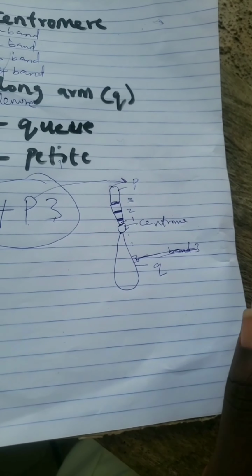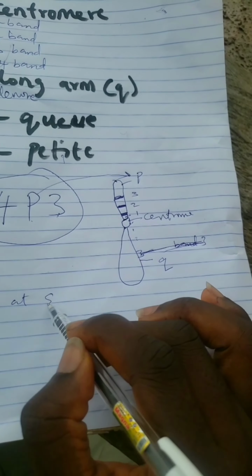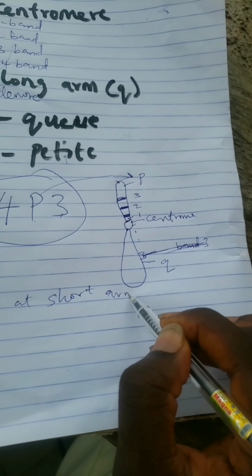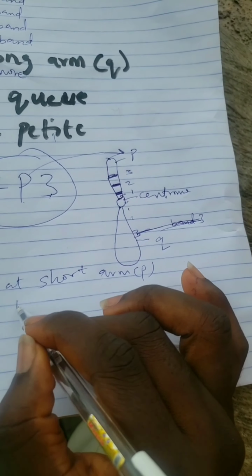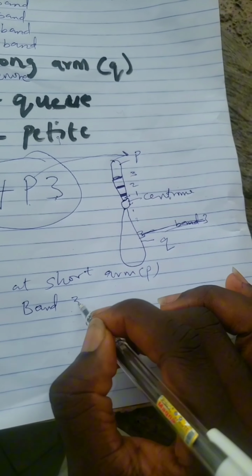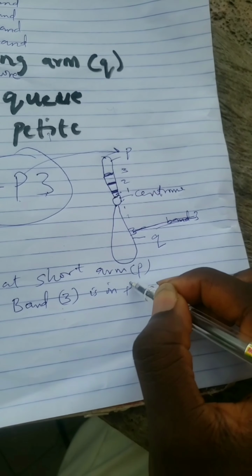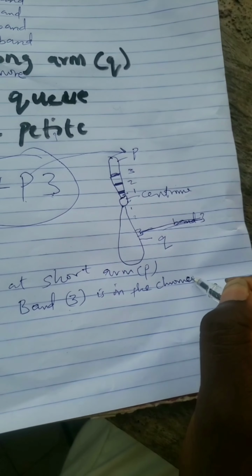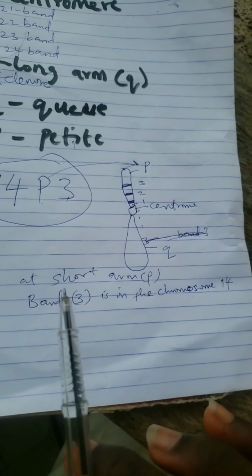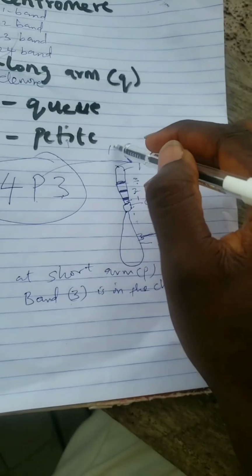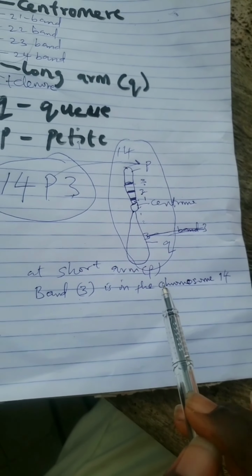So the name should be: at short arm P, band 3, on chromosome 14. Band 3 is on chromosome 14. That is just how to name it.